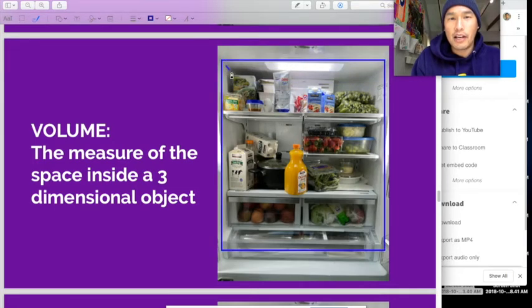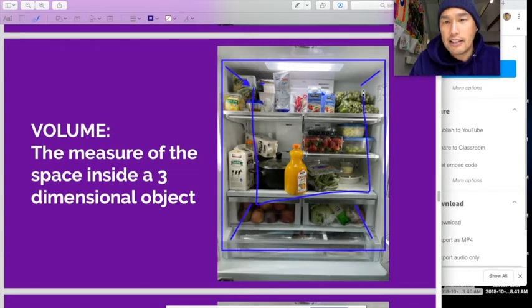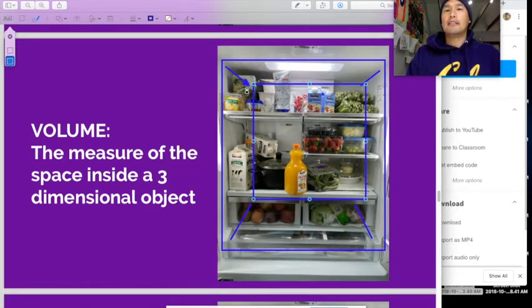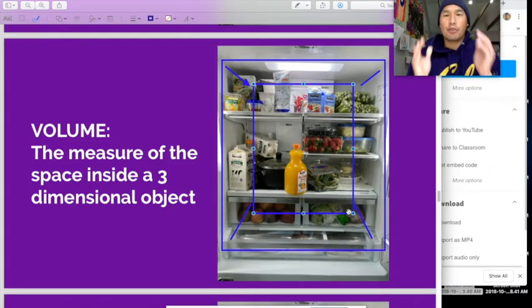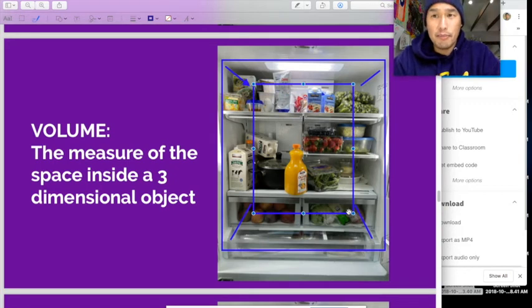And if I drew a line going to the back, from one there, and down there, and down there, you would have another rectangle inside that is exactly identical to the one on the outside, and it's connected by rectangles. So this is a rectangular prism, your refrigerator, and the volume is all the space inside.